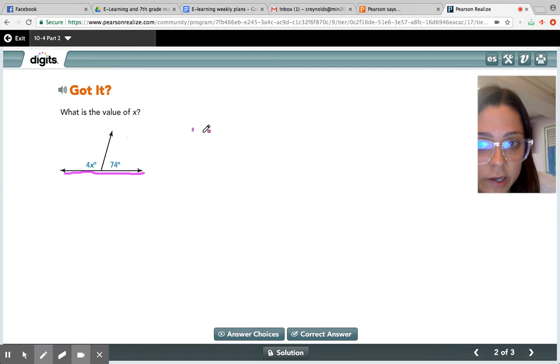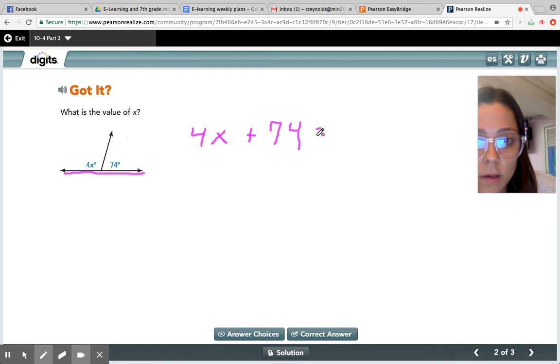You have to write an equation again. 4x plus 74 equals 180 degrees. And now you have to solve for x.